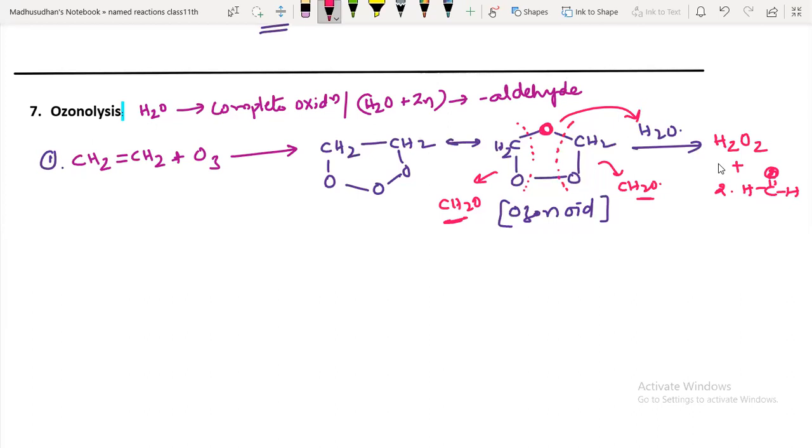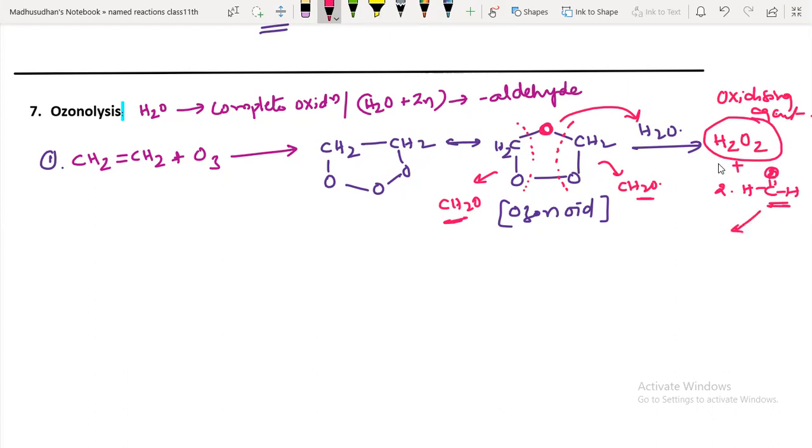Okay. Now this is actually what happens. Formaldehyde, it will stop here. This peroxide formed in this reaction acts as an oxidizing agent. So the reaction will not stop here.